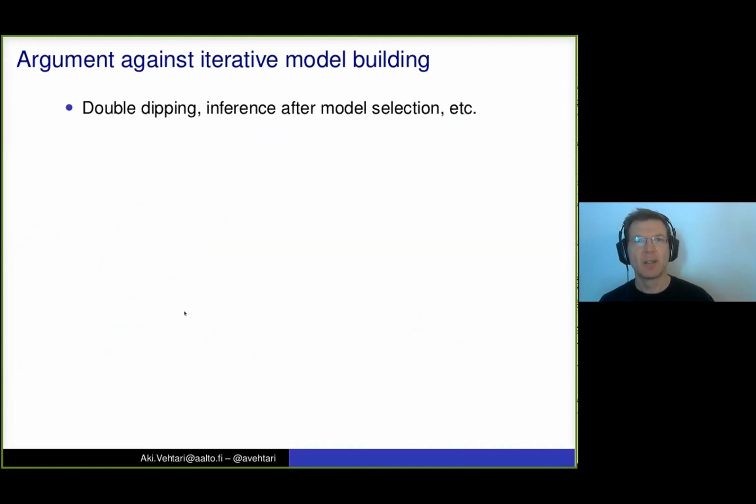And then what is usually criticized about these kinds of ideas is that, oh, now you are using data more than once, because you made one model, you fitted that to the data, you learned something, and then you modify your model, and then you fit it again. So you are using the data more than once, and this is also sometimes called double dipping.